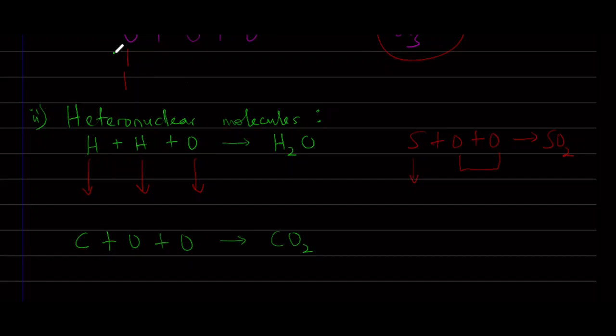CO2 is a molecule that is formed by 1 atom of carbon and 2 atoms of oxygen. Another one is if we have hydrogen plus sulfur, and that gives us H2S. So H2S is also a molecule formed by 2 atoms of hydrogen and 1 atom of sulfur.